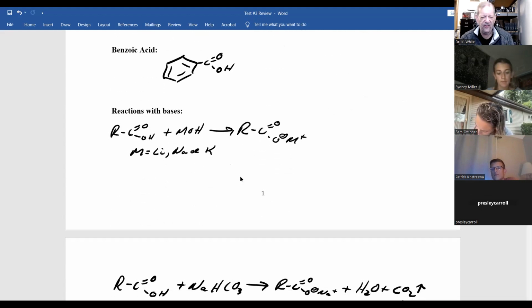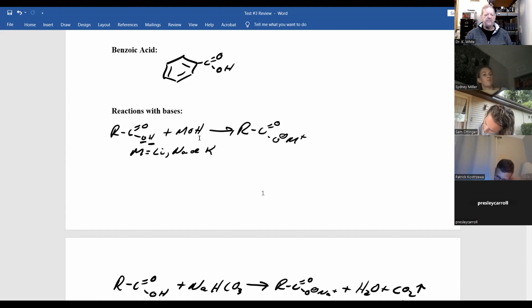All right, let's look at certain reactions of carboxylic acids. They're called an acid because the hydrogen on the hydroxyl group of the carboxylic acid is acidic. And you can have a proton transfer. You take a carboxylic acid, react it with a base. The base is MOH for this class. There are other ones.